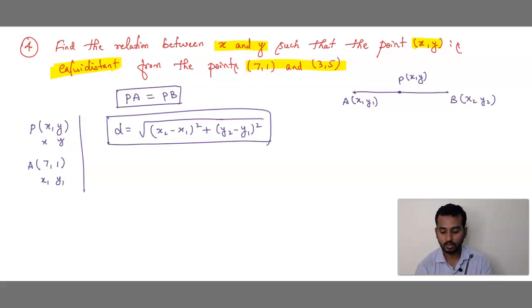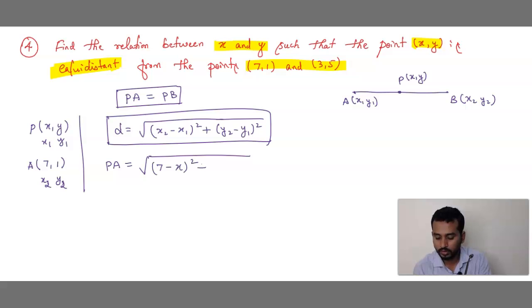Correct? Now distance between whom? PA. Right? So PA is equal to square root of x2 minus x1, sorry, this is x1 y1 and this is x2 y2. According to this condition, x2 value is 7 minus x1 which is x, whole square, plus y2, 1, minus y1, y, whole square, is equal to root of 7 minus x whole square.